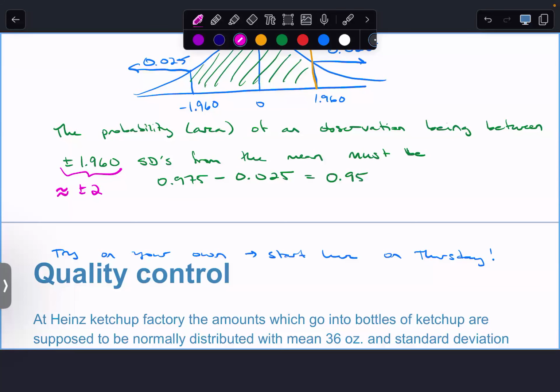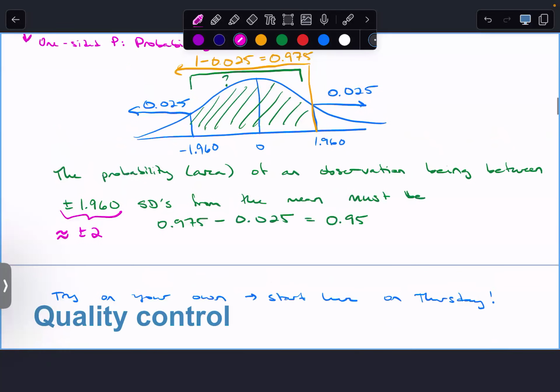It's because 95% of the curve is within these 2 bounds. So if you're out here, the probability of being out in these tails is 2.5%. It's pretty small. That's why we say, just as a guideline, if you're more than 2 standard deviations away, those observations are considered unusual.